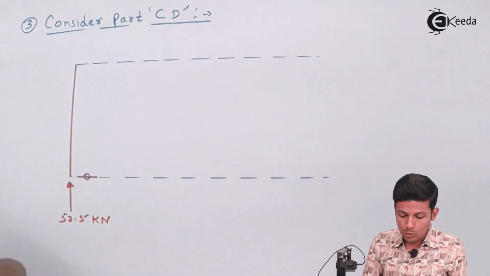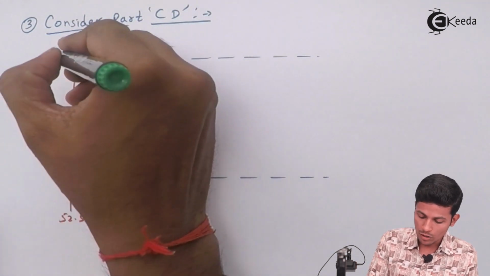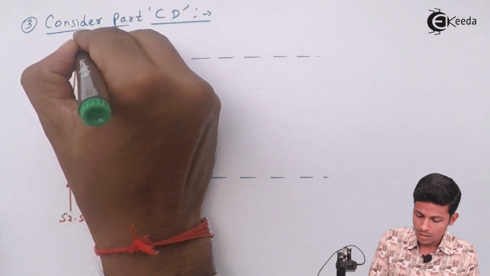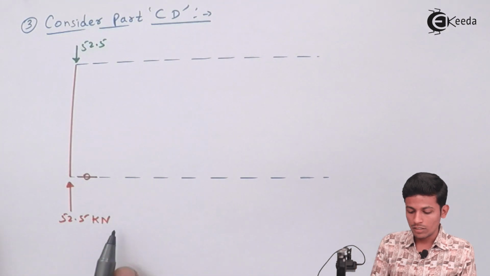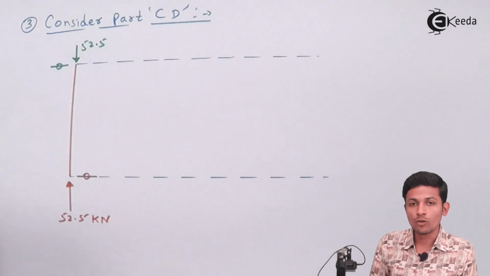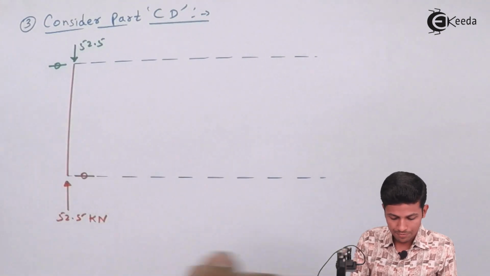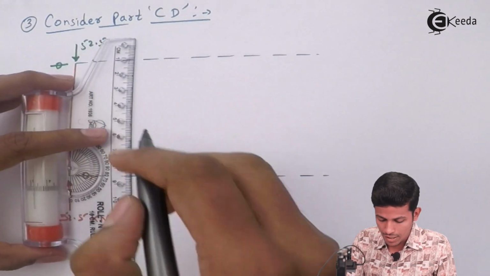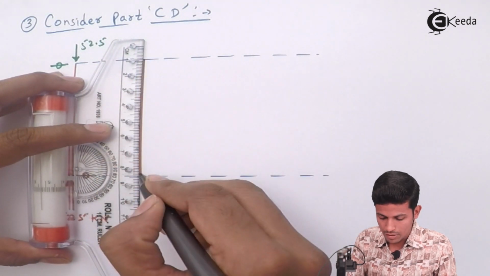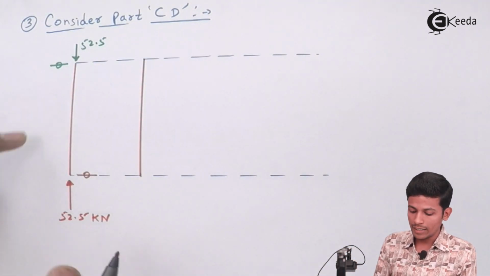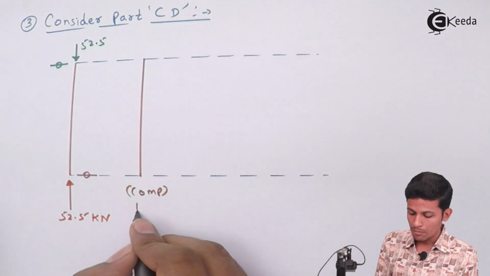Now see, you balance this 52.5, so you have to apply the load over here also. This is also coming 52.5. Now this is 0, that's why here it also comes 0, you can write directly. Now draw the AFD part first. In the AFD part, this is going compression, so minus sign. This is also compression, means minus sign.